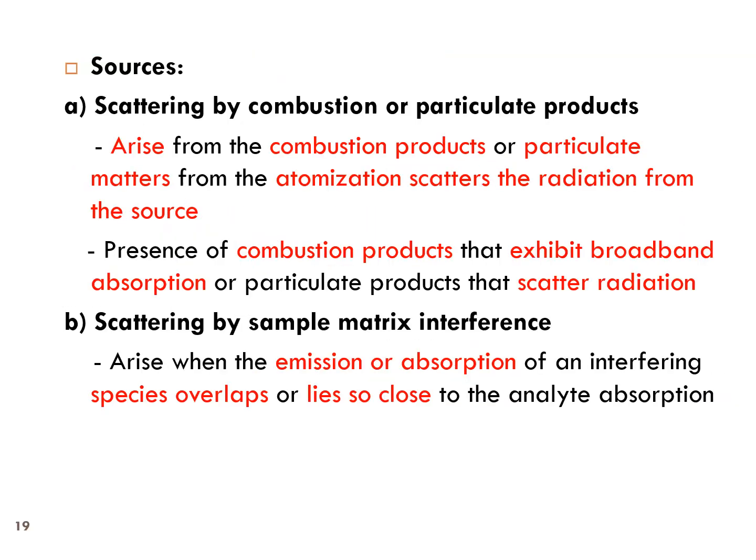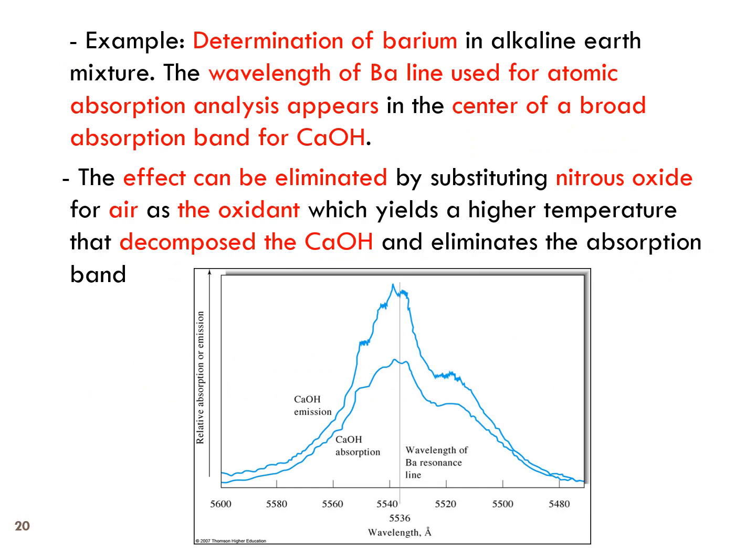Okay, apa yang menyebabkan spectral interference ni berlaku? Mungkin daripada absorption line, daripada combustion or particulate product from the flame, and mungkin juga daripada sample matrix interference. Okay, daripada sample tu sendiri, daripada solvent ke apa kan. Okay, so satu lagi here, determination of barium in alkaline earth mixture. Daripada alkaline earth mixture tu, yang ada juga barium dan ada juga kalsium.